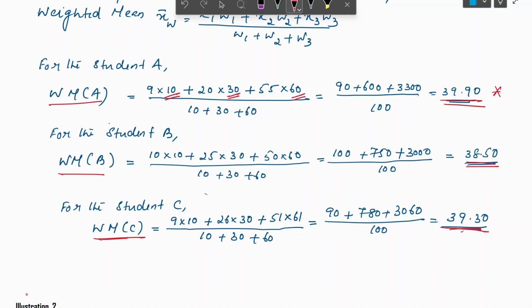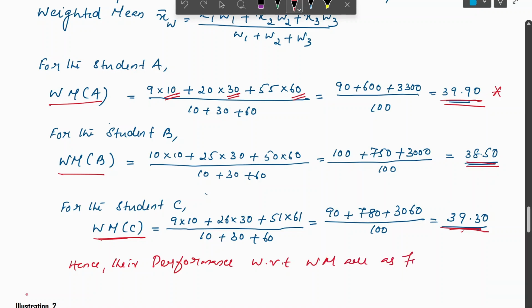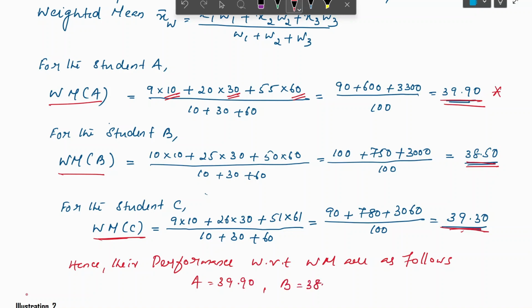Last, you will write here, hence their performance with respect to weighted mean are as follows. A, that is 39.90, B 38.50, and C 39.30.